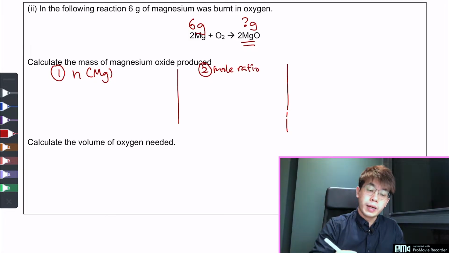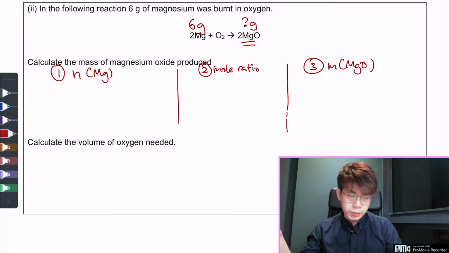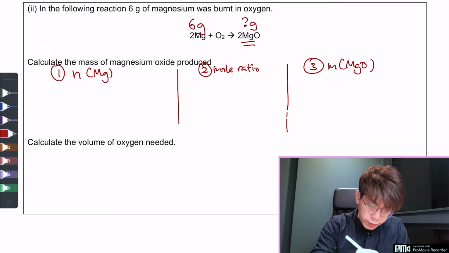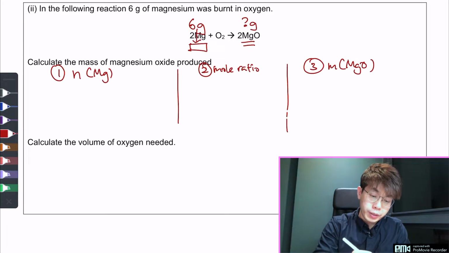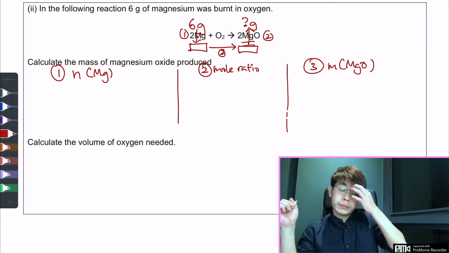And in the last step I need to find eventually the mass of the magnesium oxide. So those are the 3 steps I need to do. I like to write this on my formula. Over here, I need to find the number of moles of magnesium. Then I go across to the mole ratio, which is the second step. And then after that, I go back up to find the mass of my magnesium oxide.